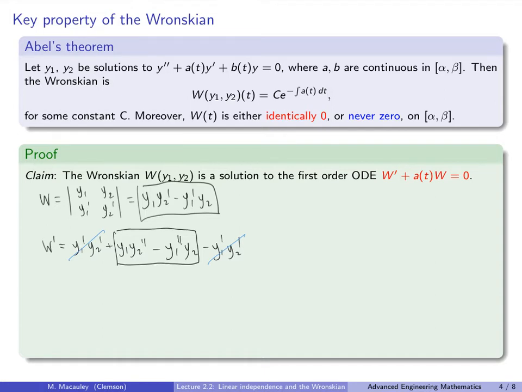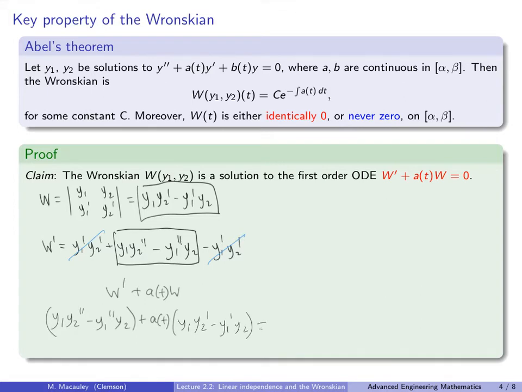And now we want to plug both of these into this ODE. So w prime, that is just y1 y2 double prime minus y1 double prime y2, and plus a of t w. This is plus a of t, and then w is up here. That's y1 y2 prime minus y1 prime y2.